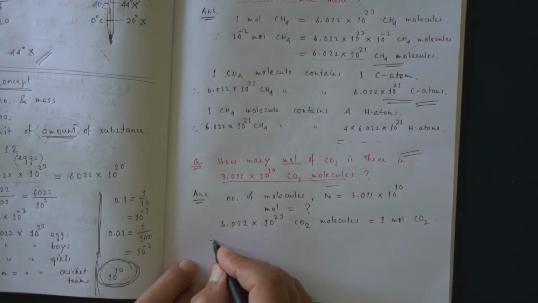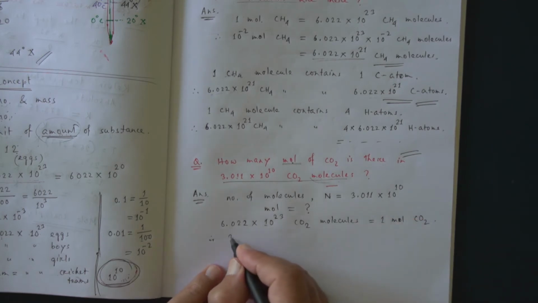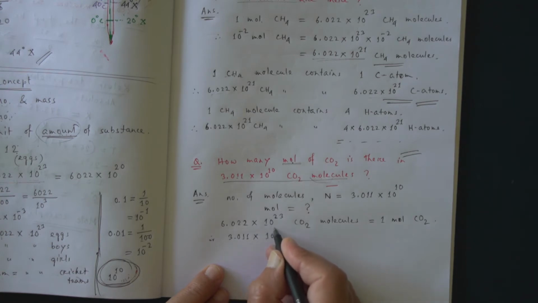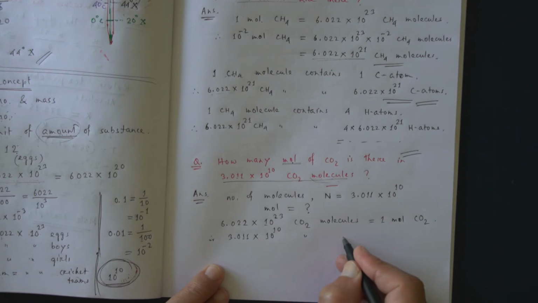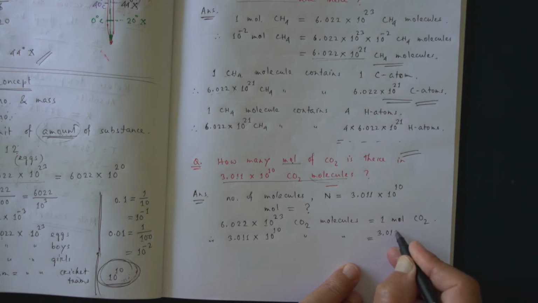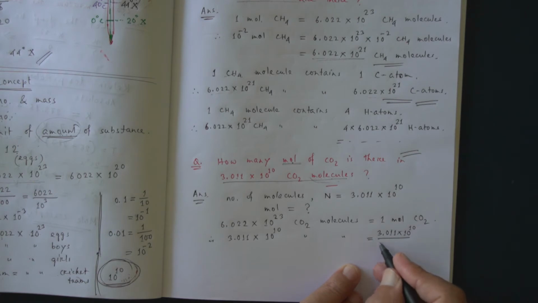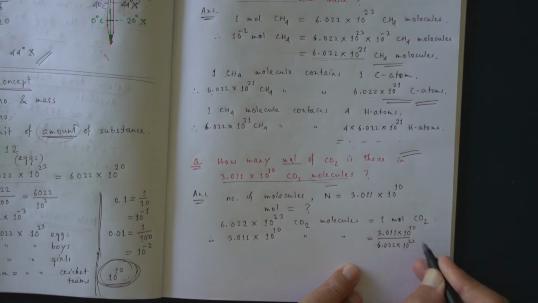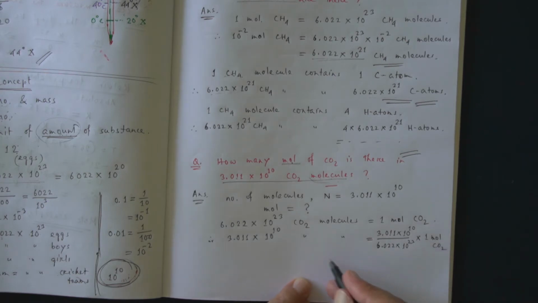So 3.011 into 10 to the power 10 carbon dioxide molecules will be equal to 3.011 into 10 to the power 10 by 6.022 into 10 to the power 23 into 1 mole carbon dioxide, and that will be equal to this 2.